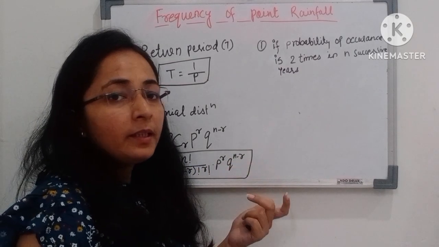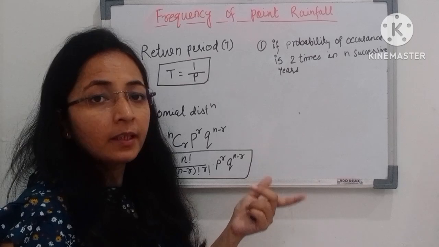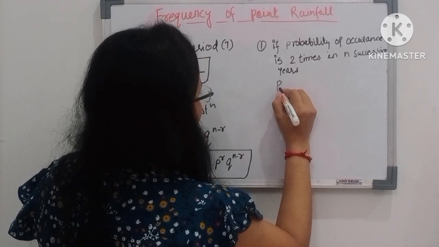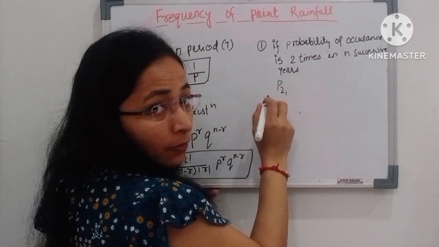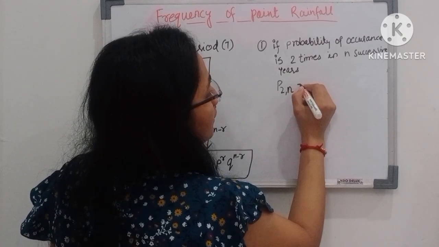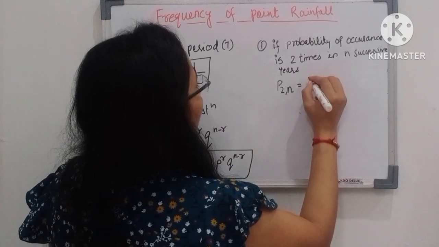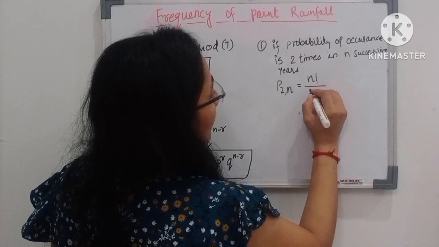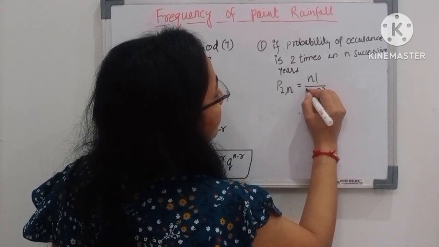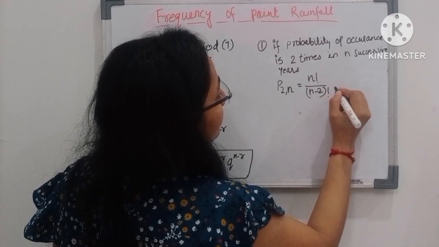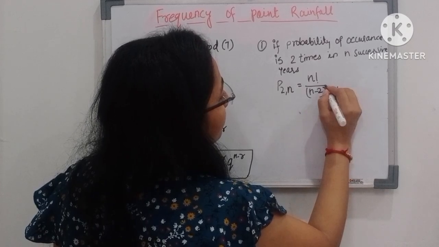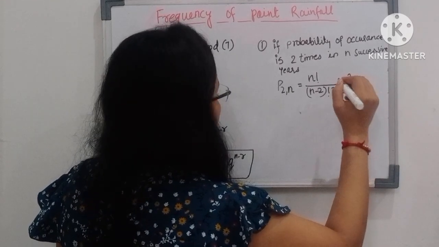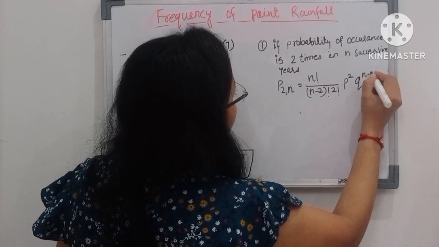So if the event occurs 2 times in n successive years, in that case P(2,n), where 2 is the number of events in n successive years, is equal to n factorial upon 2 factorial into n minus 2 factorial, into P to the power 2, Q to the power n minus 2.